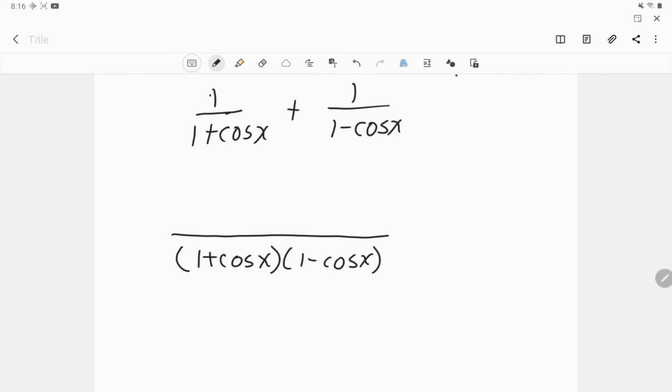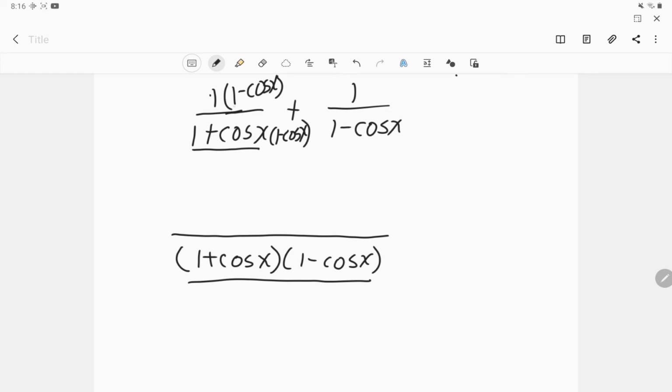So up here with this piece, if I want to turn 1 plus cos x into this lovely denominator, I would need to multiply by a 1 minus cos x. But whatever I do to the bottom, I have to do to the top.